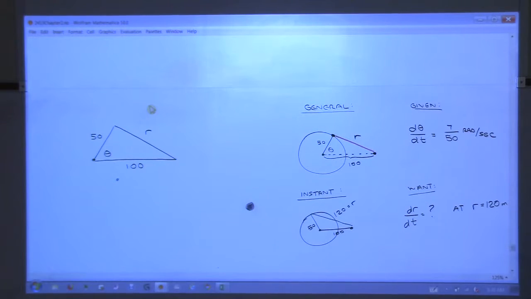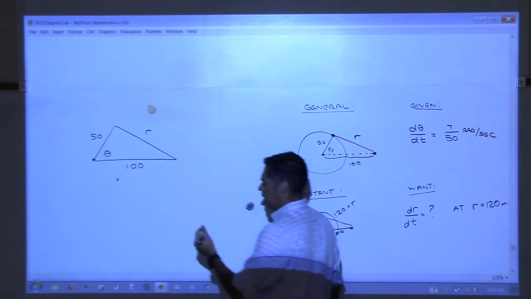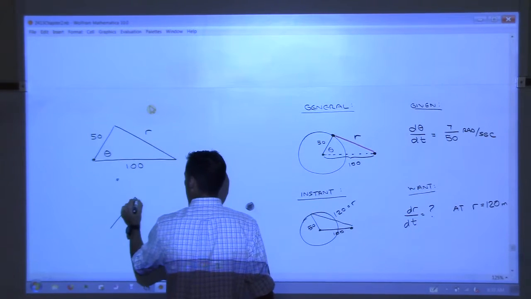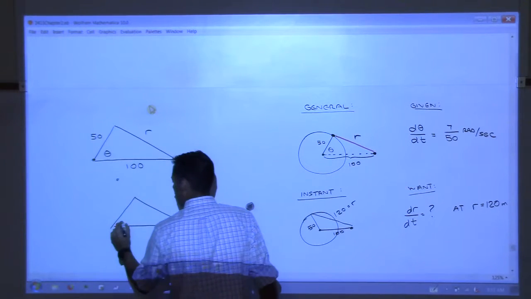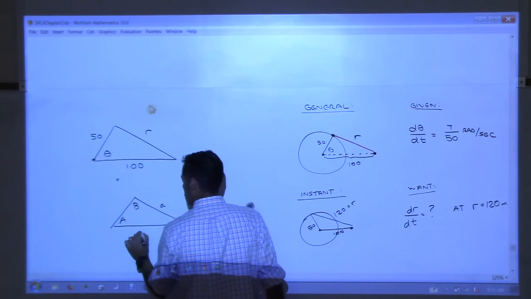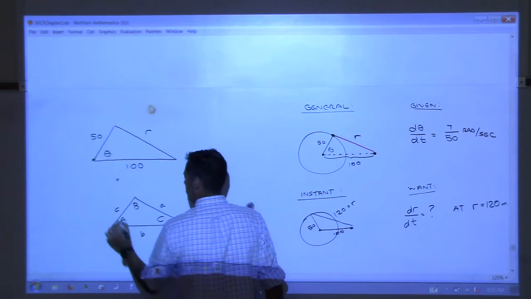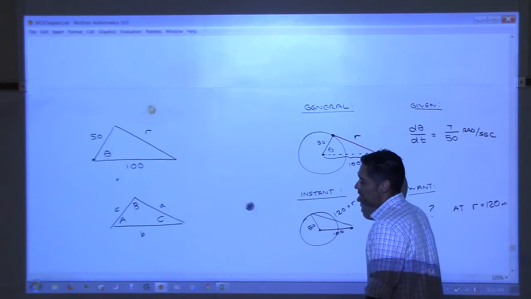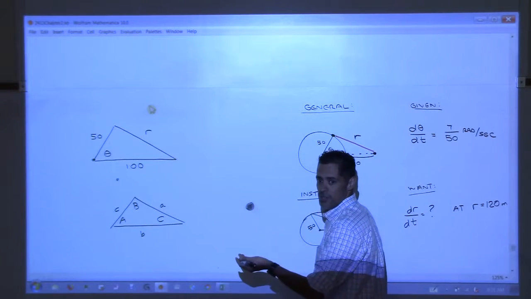But we have a law of cosines. And the law of cosines works like this. If you have an arbitrary triangle, and we call this A, little a, B, little b, C, little c, then law of cosines says, there's three versions of it.